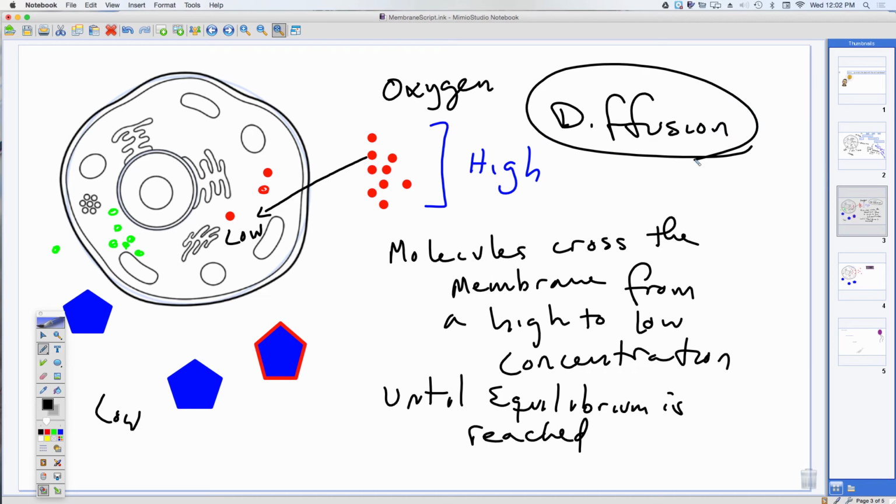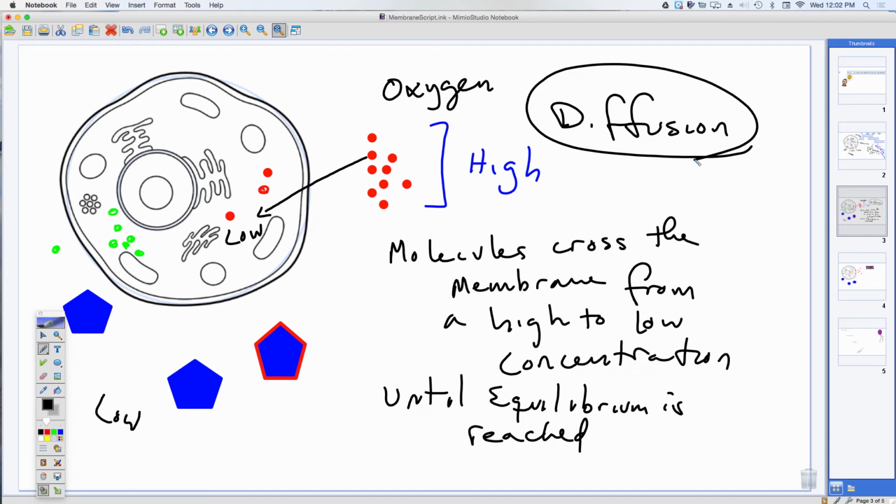And if it is water that is diffusing across a membrane from a high concentration to a low concentration, then we call that osmosis. So when gases move across a membrane, gases like oxygen moving from outside the cell to inside the cell, following the concentration gradient from high to low, we call it diffusion.